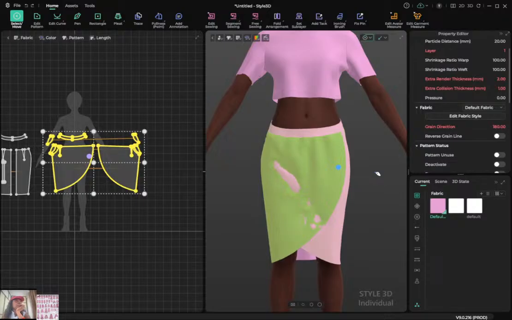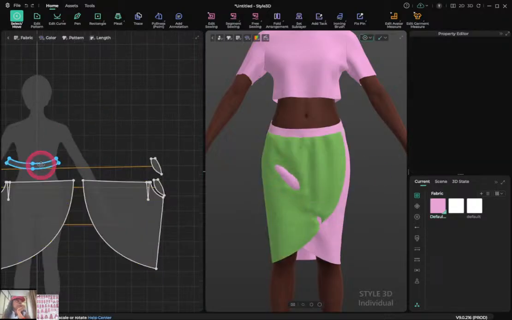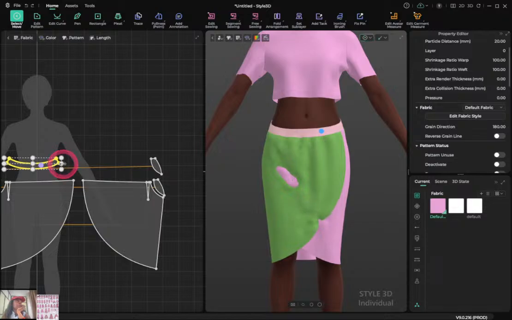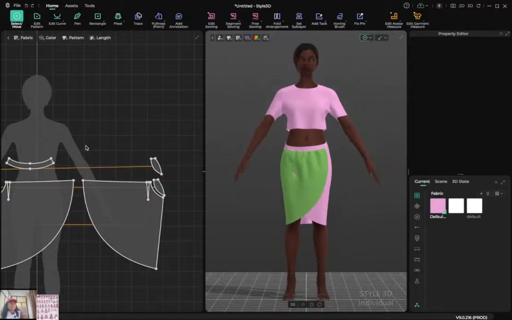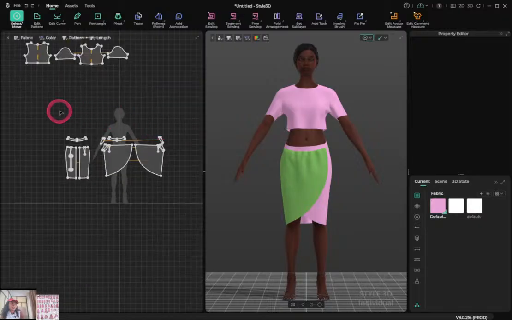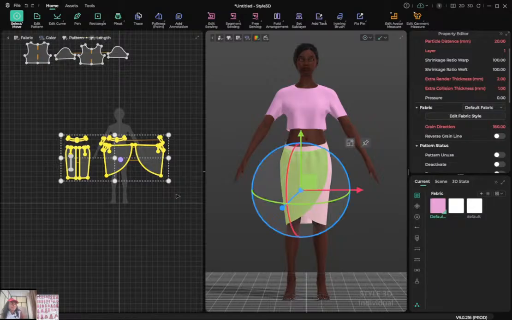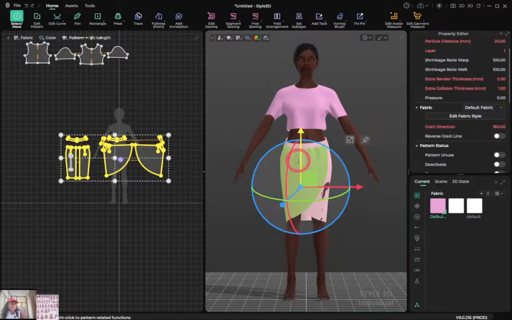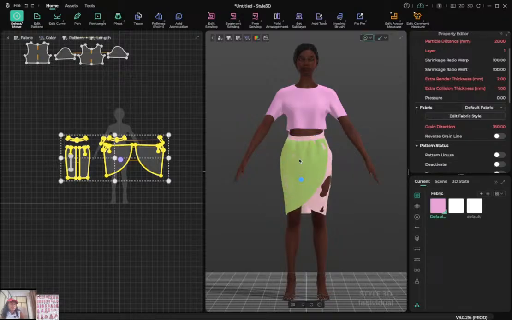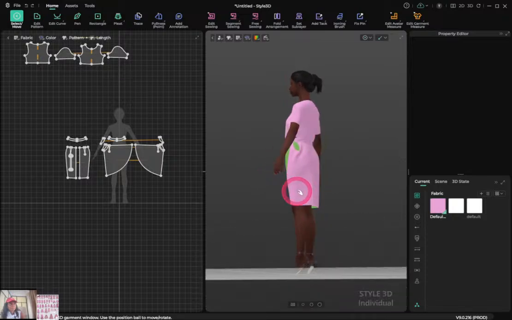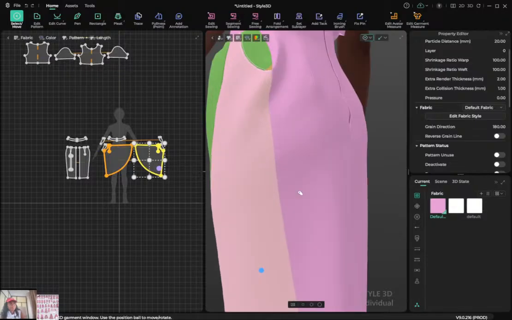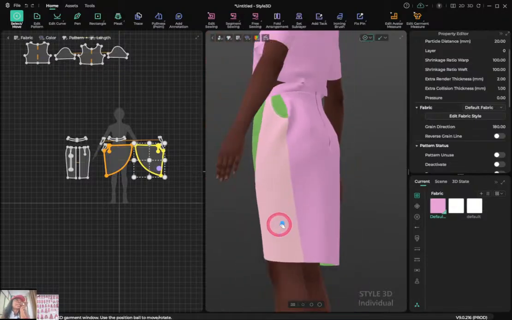It's the tulip skirt, right? Let me reduce. Okay, the back is funny.